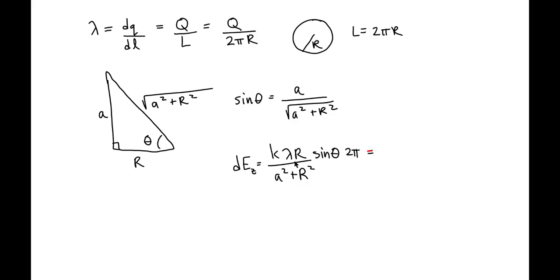Well, then this becomes k lambda r, I'll put the 2 pi here, divided by a squared plus r squared times the sine of theta, which is a over the square root of a squared plus r squared. Oh, and this isn't dE, this is now the electric field E.